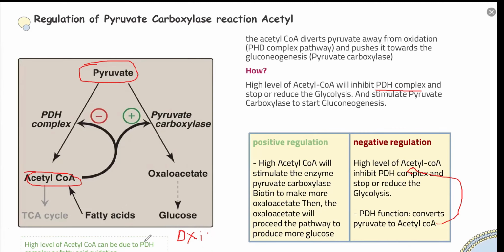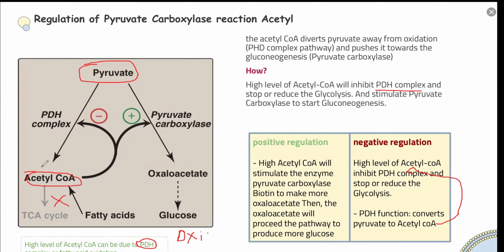And then also by the action of the pyruvate dehydrogenase complex. So the oxidation of fatty acids and the action of the pyruvate dehydrogenase complex are the two major pathways that generate a lot of acetyl-CoA. Once this acetyl-CoA is generated, it will inhibit the pyruvate dehydrogenase complex. So therefore, the citric acid cycle will be halted, stopped, blocked.